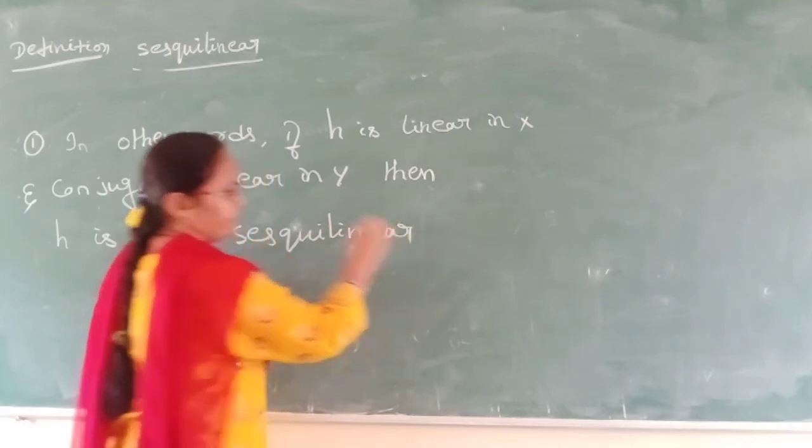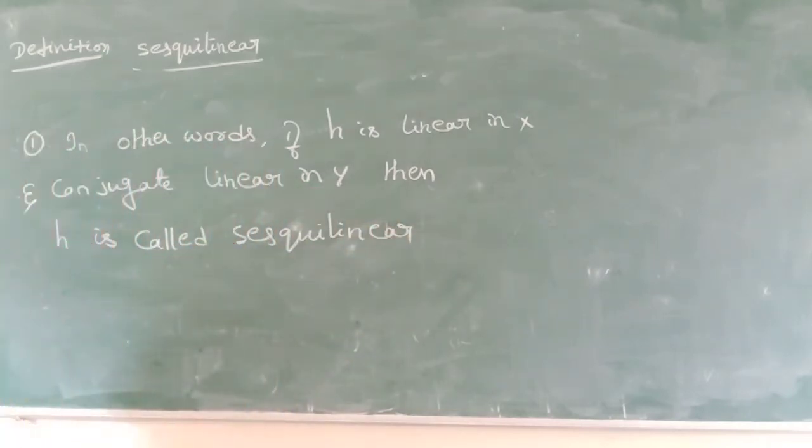Okay? The first one has four properties. Otherwise, this second one: simply h is linear in x and conjugate linear in y, then h is called sesquilinear. So after the definition, you can note down these things point wise.